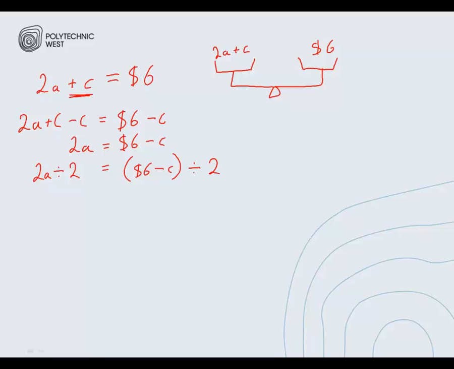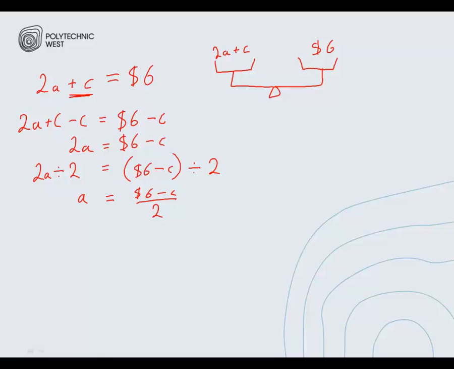The reason I need to do this is because if you remember from BODMAS, the order is important. 2 apples divided by 2 just gives me apples, and that gives me $6 minus carrots over 2.